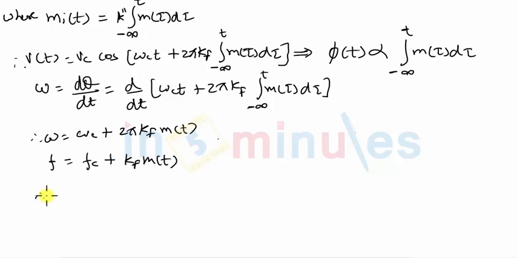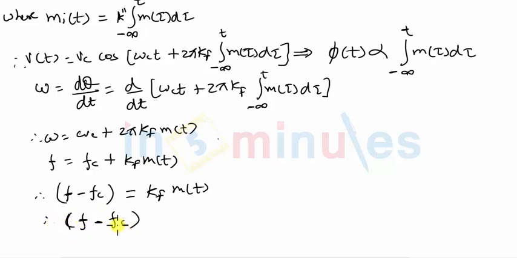So if you now observe carefully, the instantaneous frequency of the modulated signal that we have considered does not remain constant, but it is equal to fc plus kf times m(t), where kf is a constant. That means the instantaneous frequency around fc, the original carrier frequency, is proportional to the modulating signal.